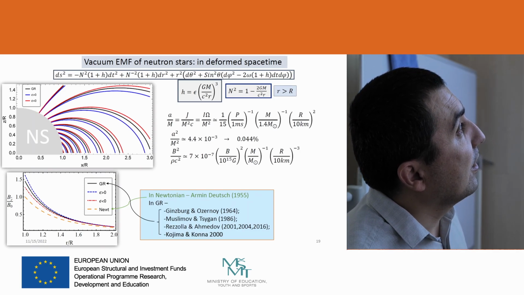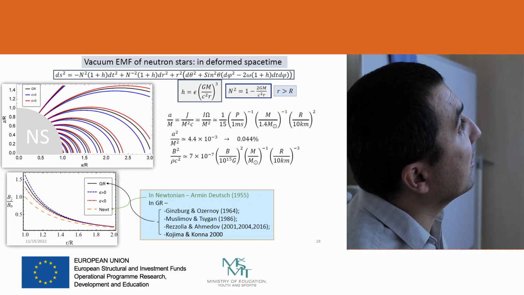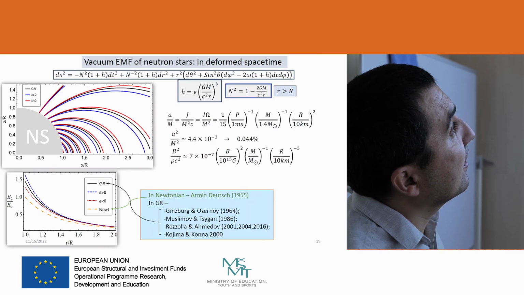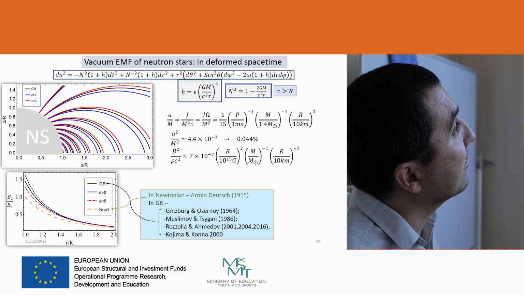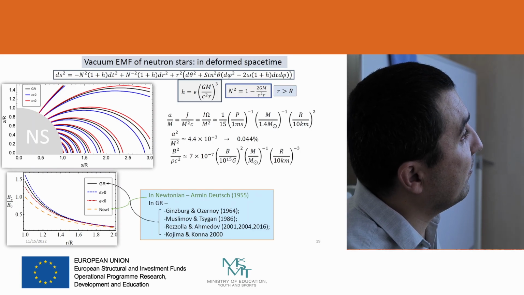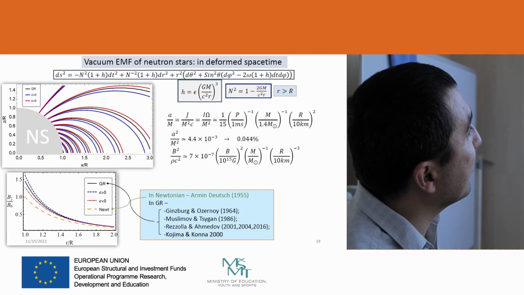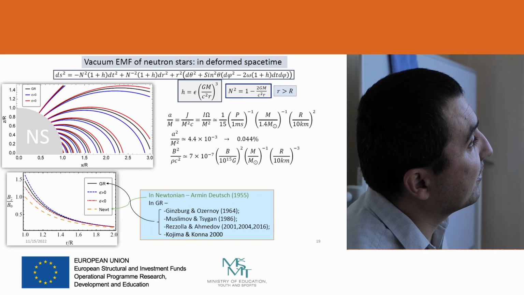In our calculation, we show here the magnetic field lines, and we show that positive values of the deviation parameter compress the magnetic field lines and increase the magnetic strength of the radial component.